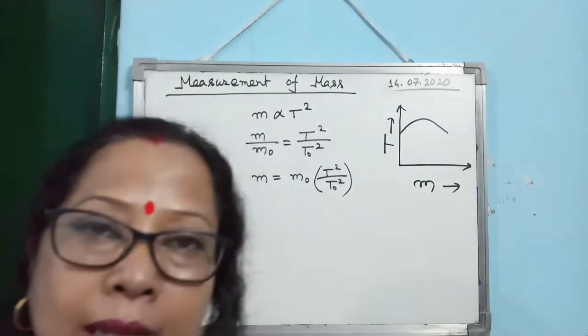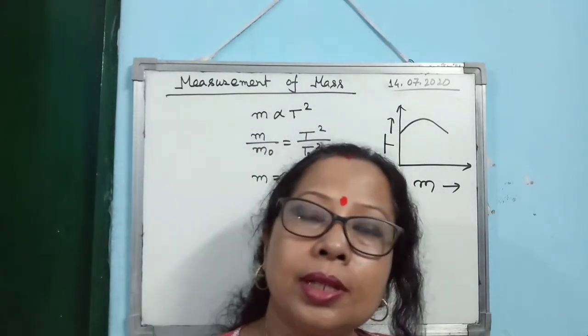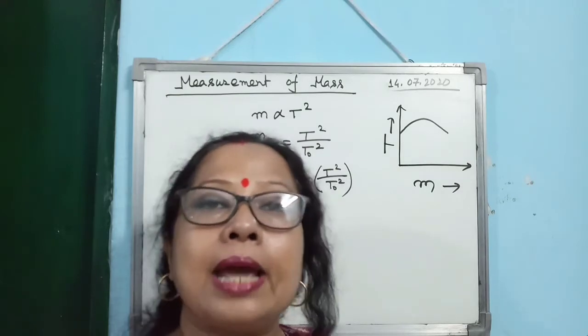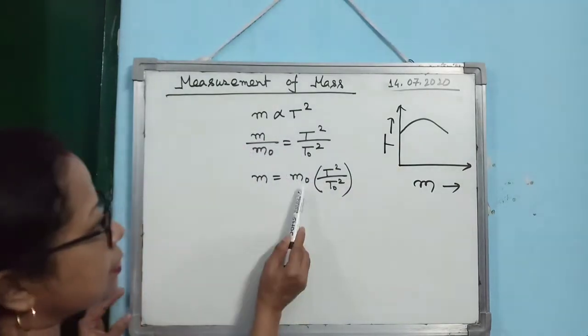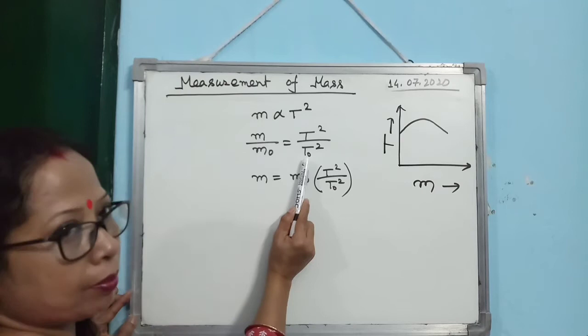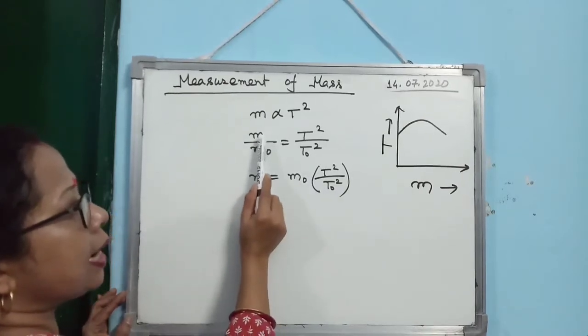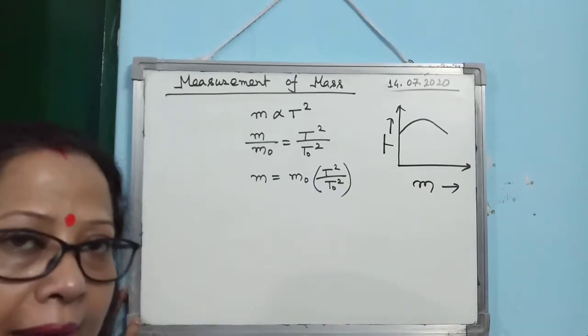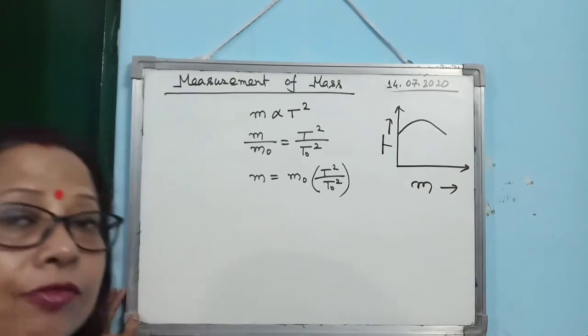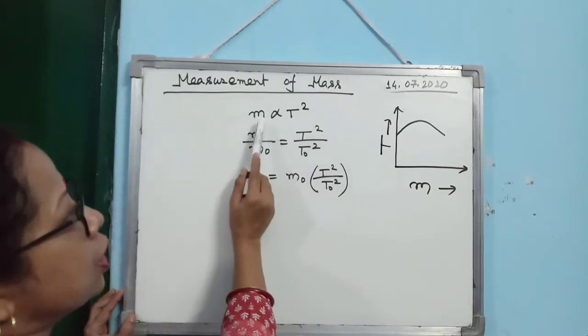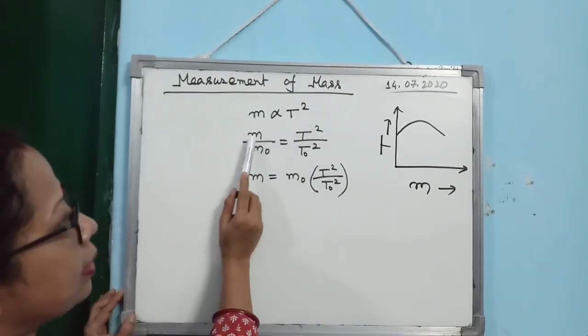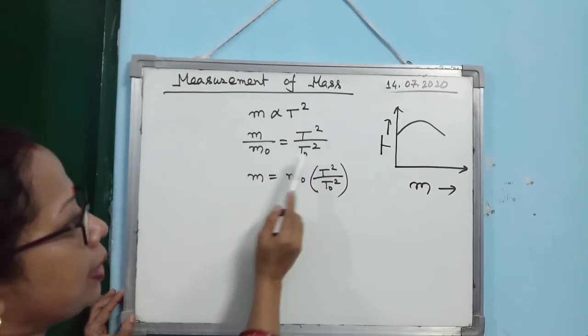Put it on the pan, vibrate it, and measure the time period of vibration. So you have measured M0 and T0, and then you take the unknown mass M, put it on the pan, vibrate it, and find the time period of vibration. According to this relation, one can write M by M0 is T squared by T0 squared.